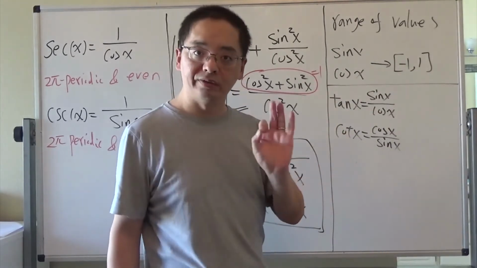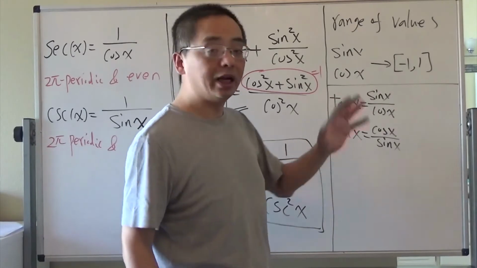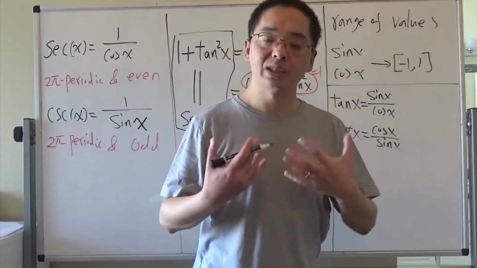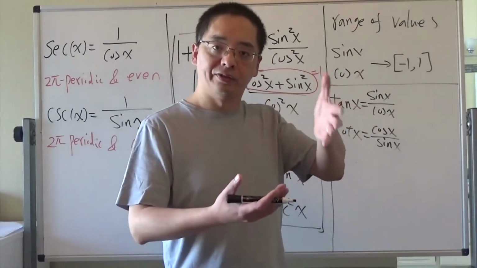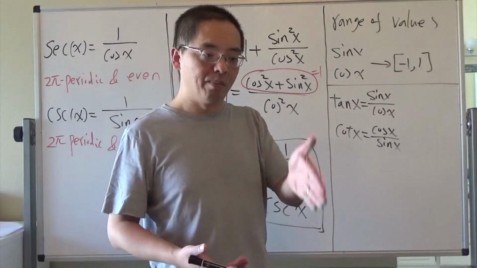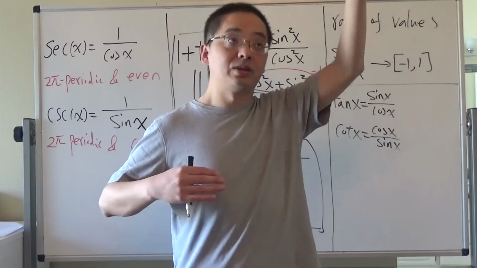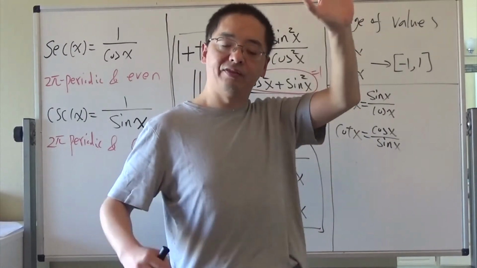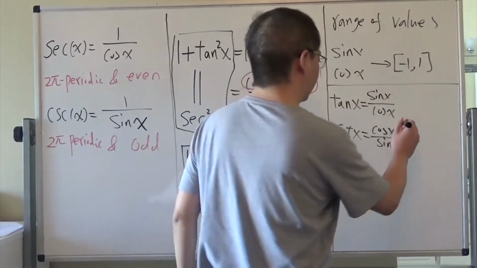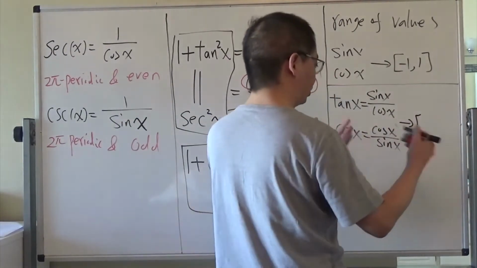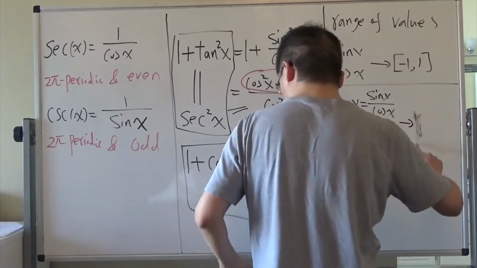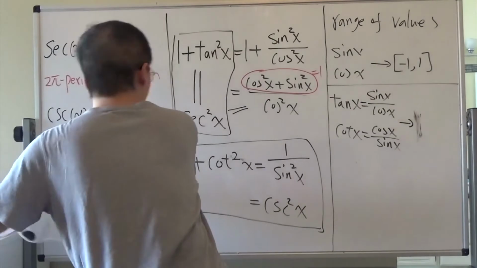Cotangent x is well defined when sine x is not 0. Now, if you look at the collection of the possible values, the range of tangent and cotangent, if we remember the graph of tangent and cotangent, the collection of possible values is from negative infinity all the way to plus infinity.